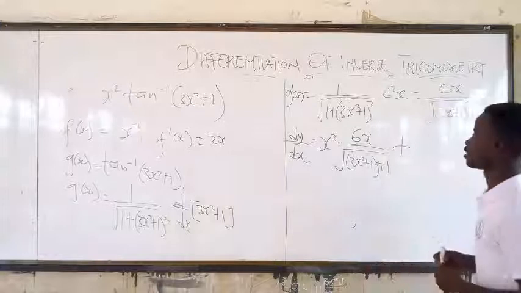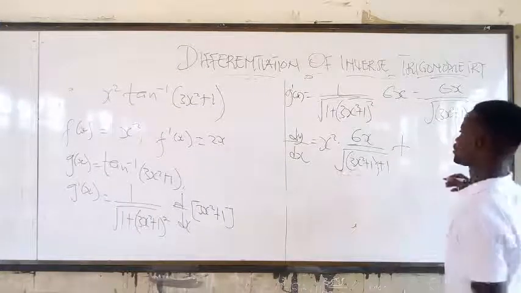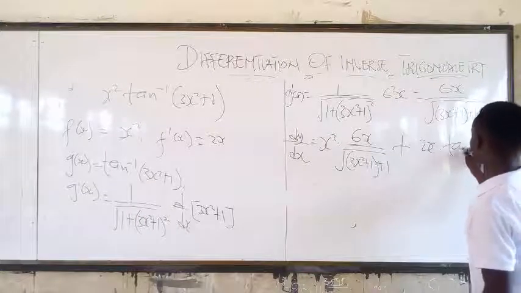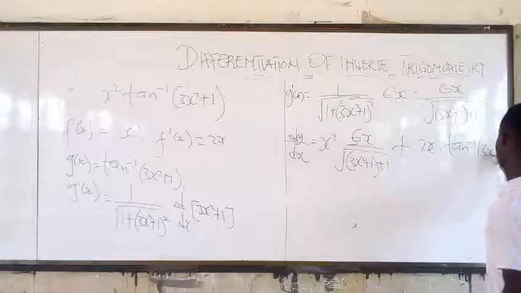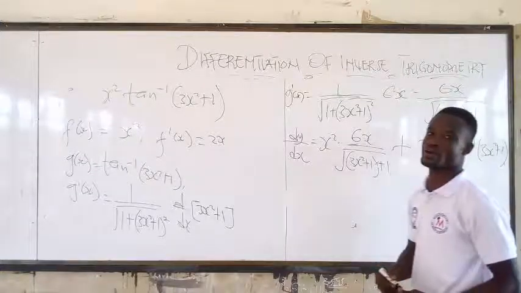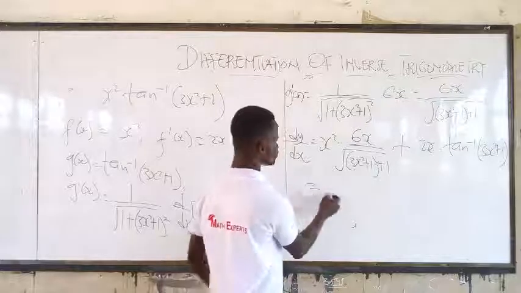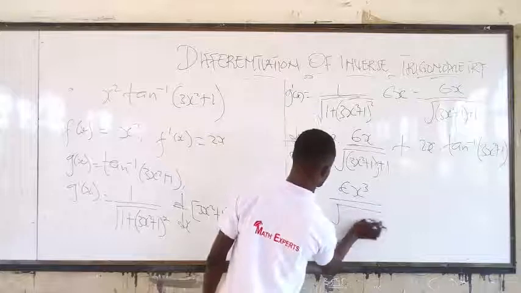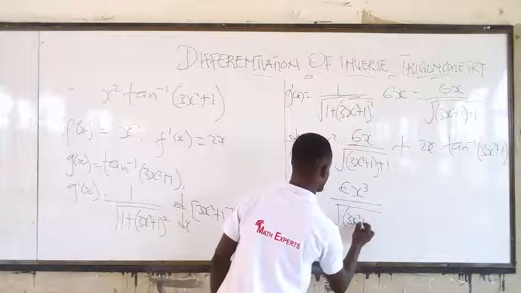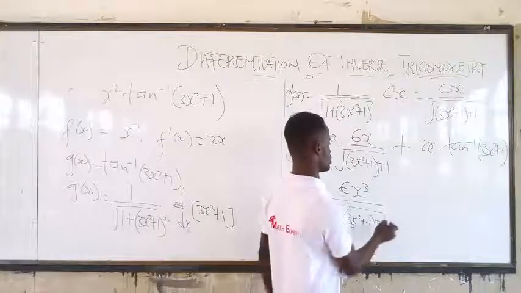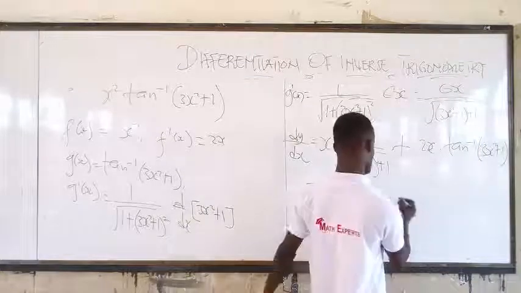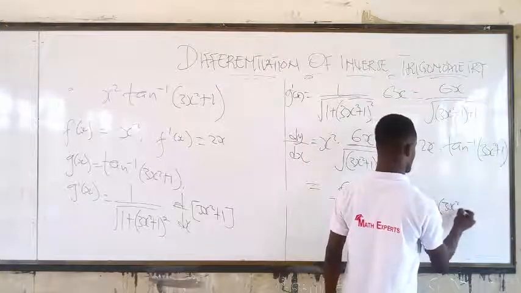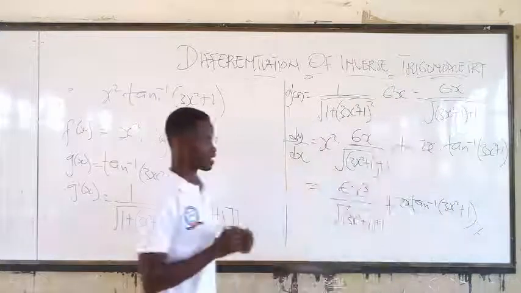Plus, now, differentiate the first one, which is 2x, and leave the second one, which is tan inverse of 3x squared plus 1. Alright, so with this, we are going to get 6x to the power 3, all these over the bracket, plus 2x tan inverse of 3x squared plus 1. So that's going to be our final answer for that.